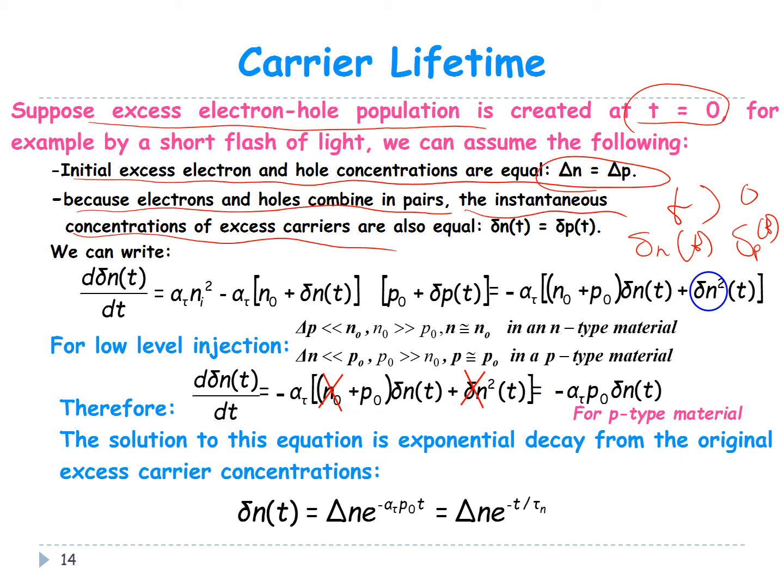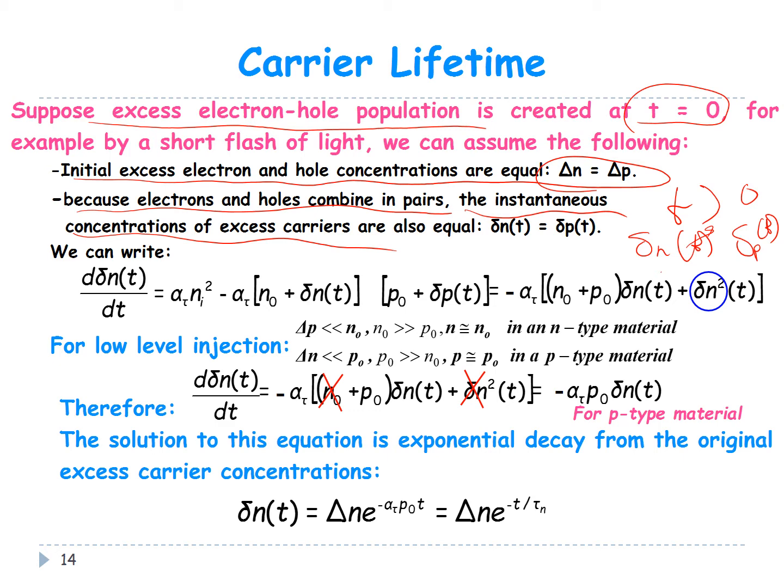But in most cases, when we write these, we can remove the t. It's also still okay not to show the t, just for simplicity. So we are saying the initial excess electron concentration, delta N and delta P are equal, because electrons and holes occur in pairs.